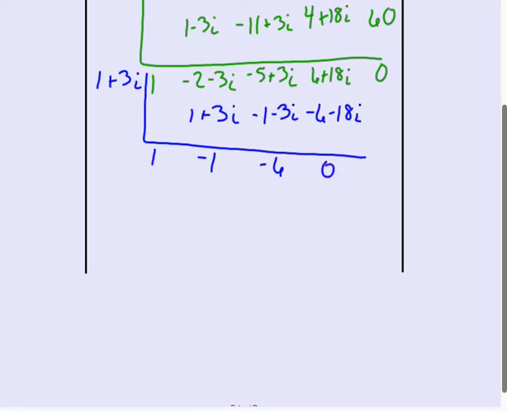If I didn't get a remainder of 0, it wouldn't be a factor, and I was told that it would be a factor because imaginary roots always come in pairs, the pair being the conjugate.